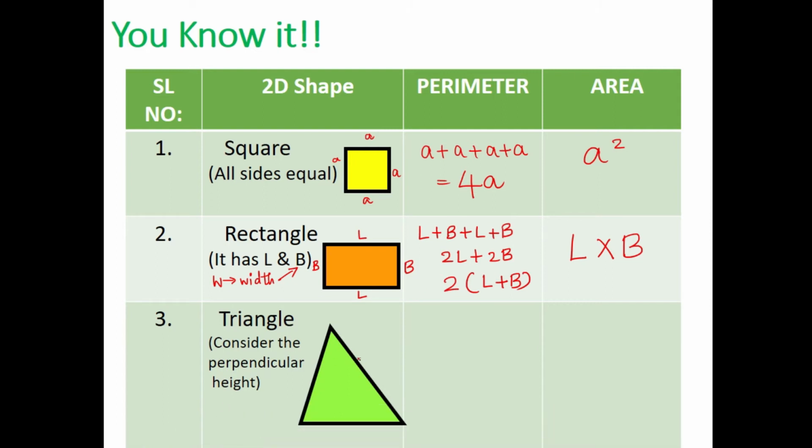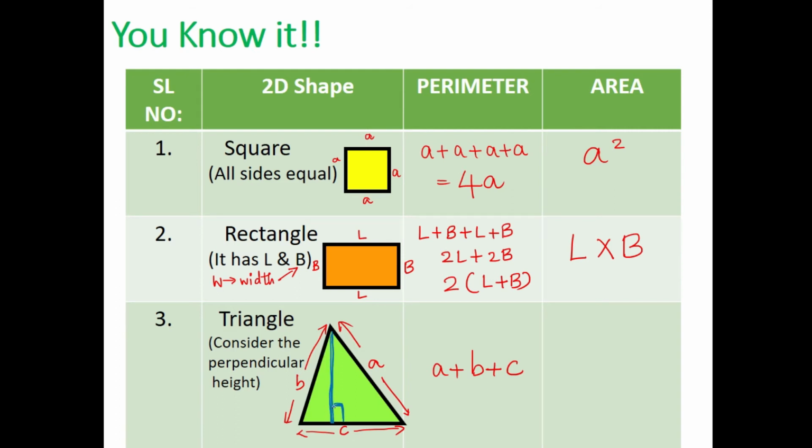For a triangle, let us consider the sides to be A, B and C. As we know, the perimeter is going to be the sum of all sides, so A plus B plus C. And for the area of a triangle, you have to consider the perpendicular height. Here I take the blue line. Can you see this?